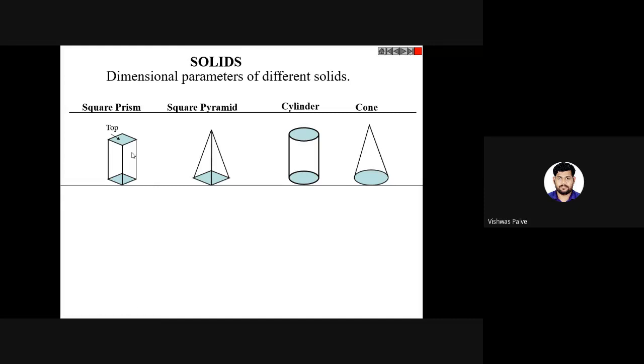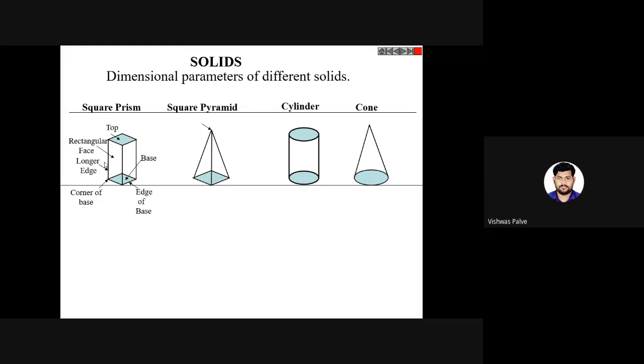Next will be the rectangular faces. Then bottom, longer edge, corner of the base, edge of the base. For a square prism, what are the basic things we are going to see?